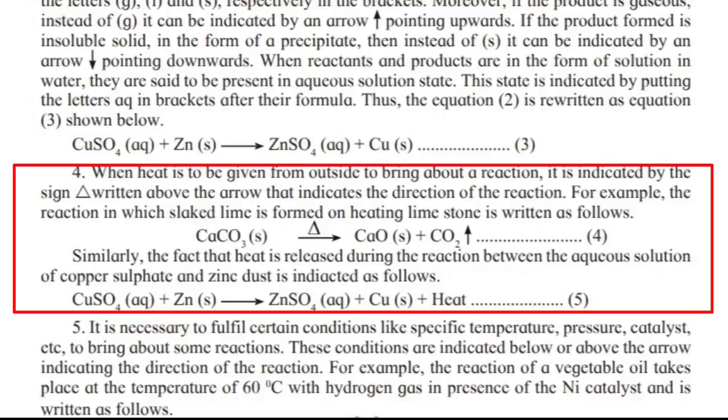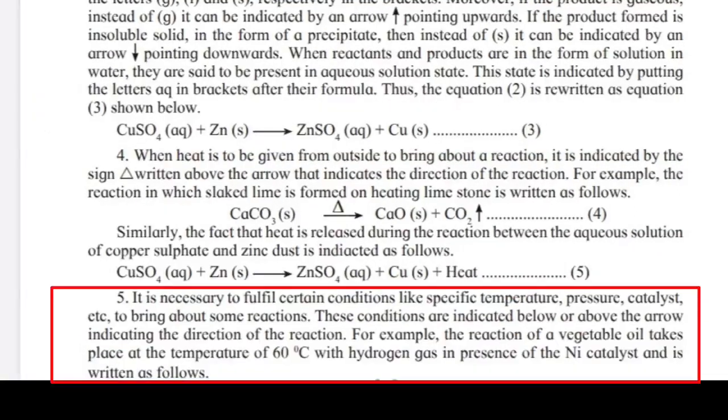Similarly, if heat is released during the reaction between the aqueous solution of copper sulfate and zinc, it is indicated as CuSO4 plus Zn giving you ZnSO4 plus Cu plus heat.